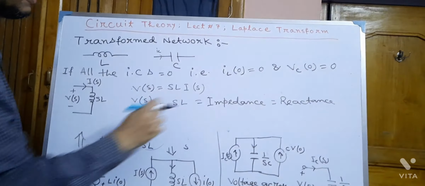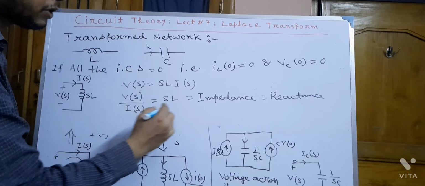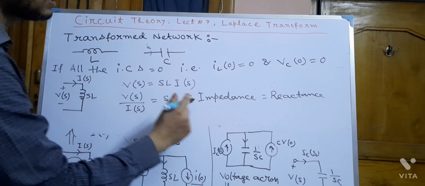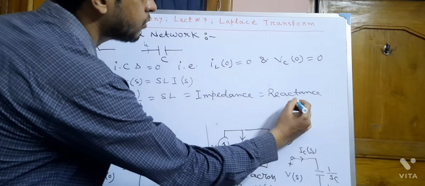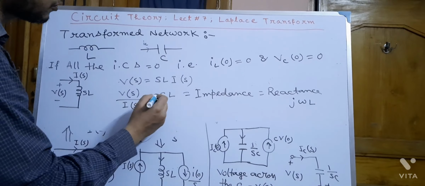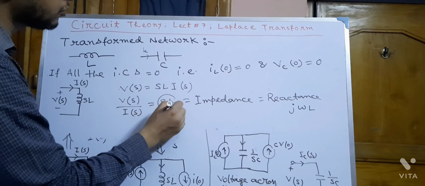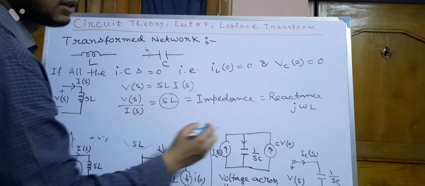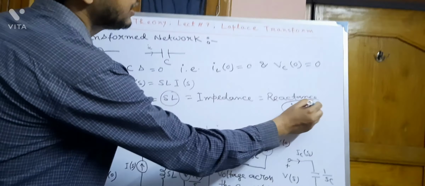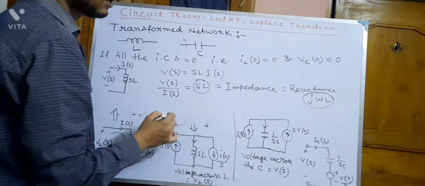In time domain, we know that for L the equivalent reactance was J omega L. Here the equivalent impedance is S into L.